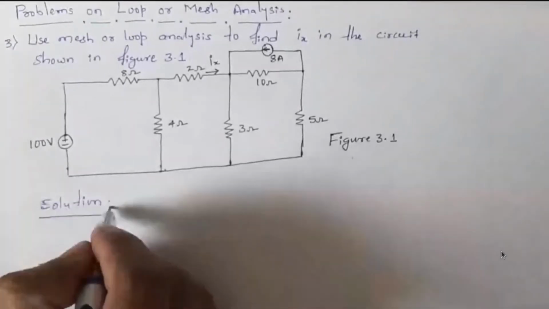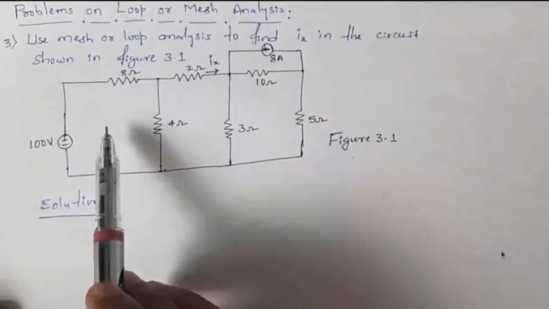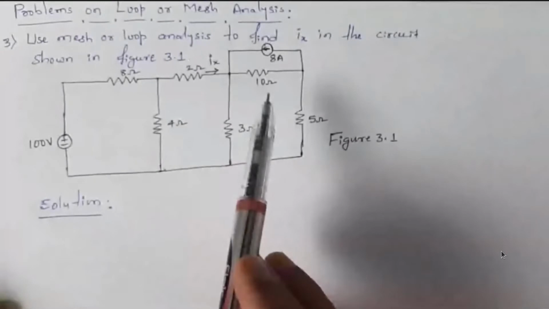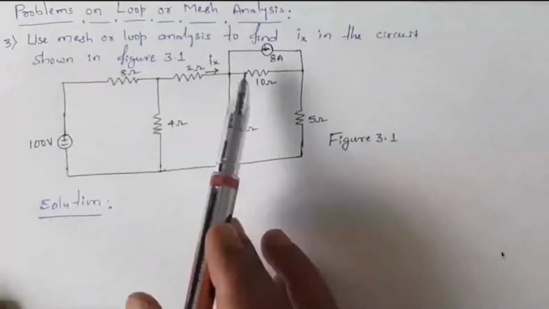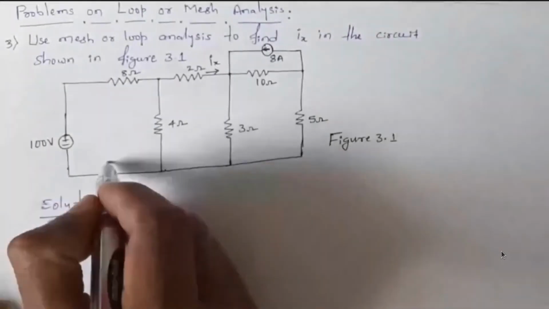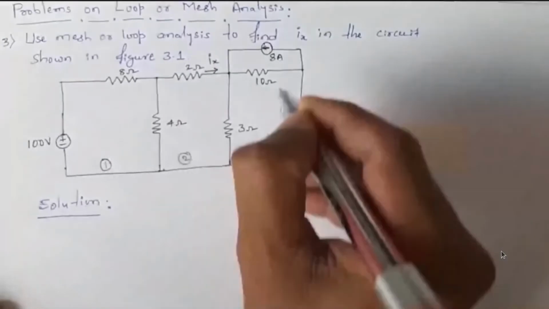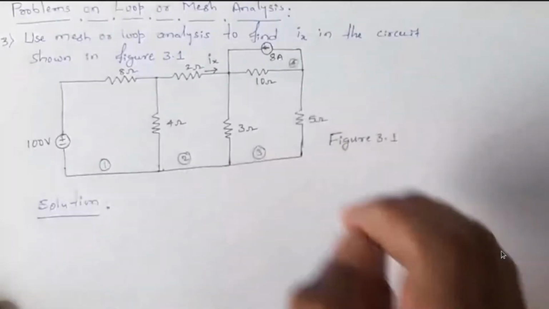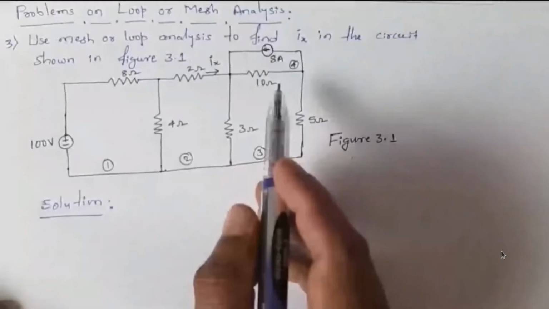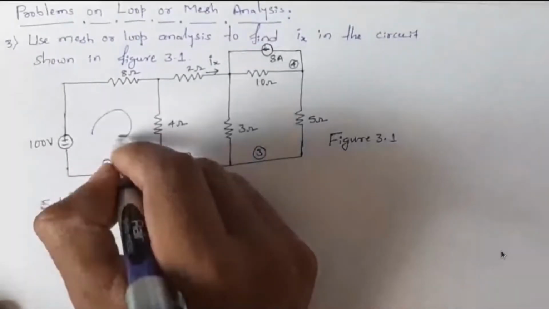Solution. There are 1, 2, 3 and 4 loops, so I'm going to name these four loops: this as first, this as second, this as third, and this is the fourth loop. So four meshes are there. In the first mesh, I'll consider a mesh current I1.